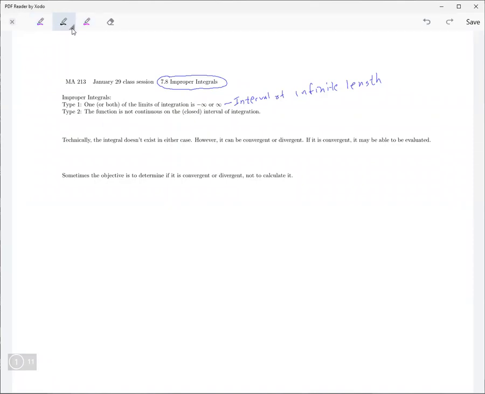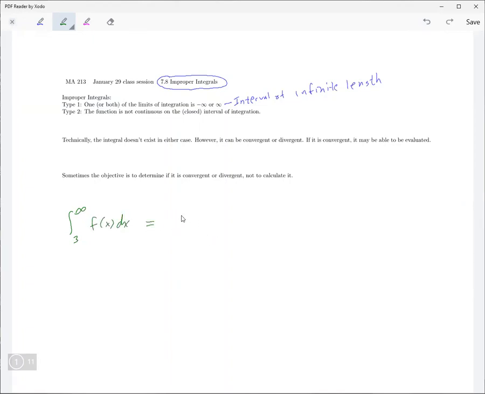Now, if you're in type 1, let's say, for example, we're integrating from some number, let's say 3, to infinity. So this upper limit is infinity.